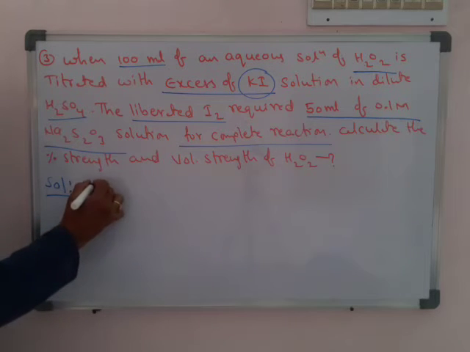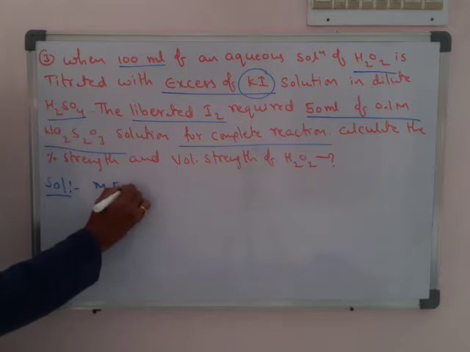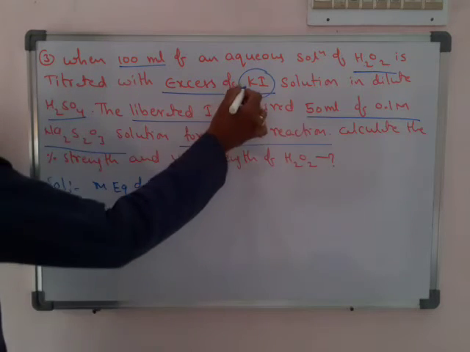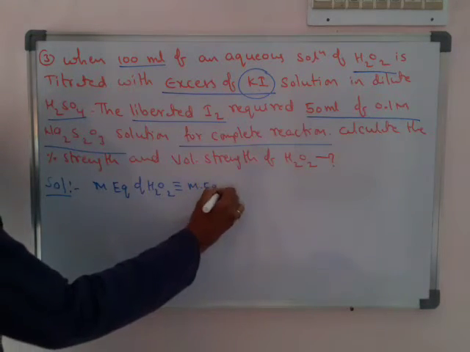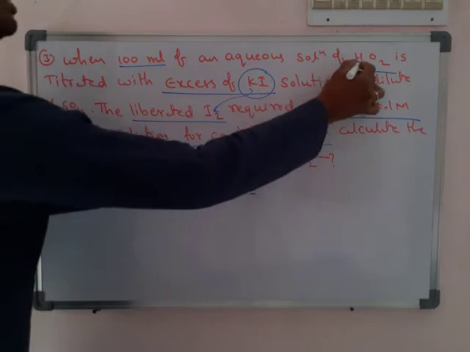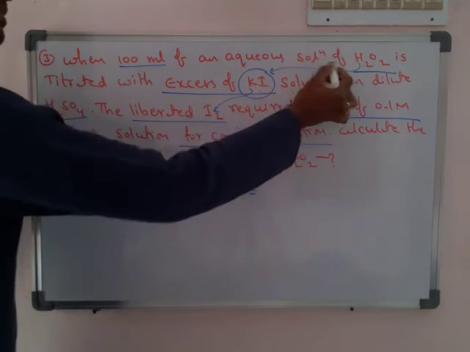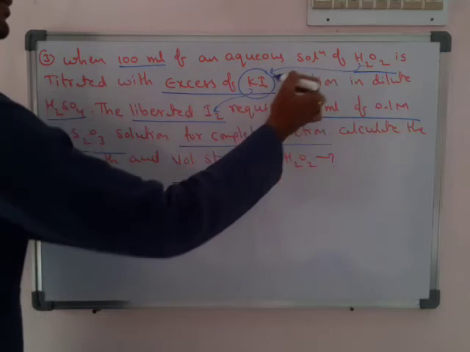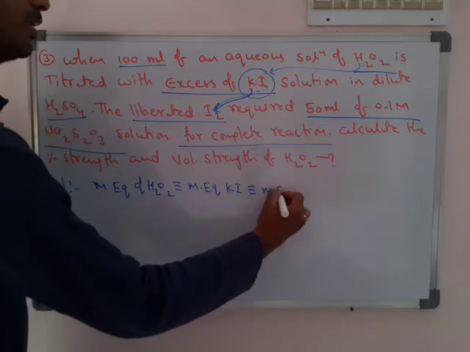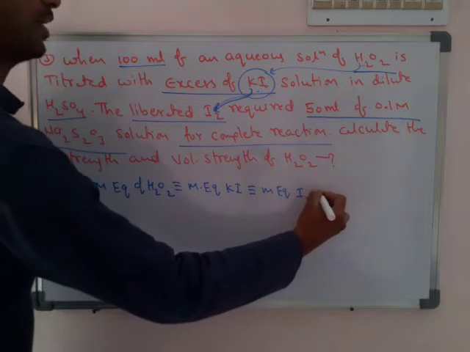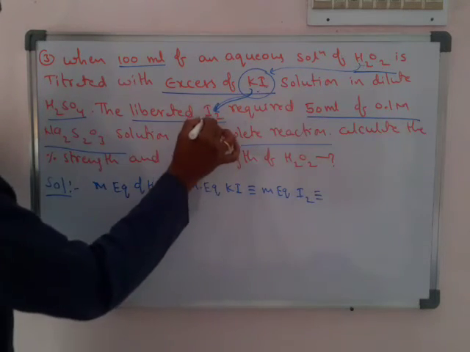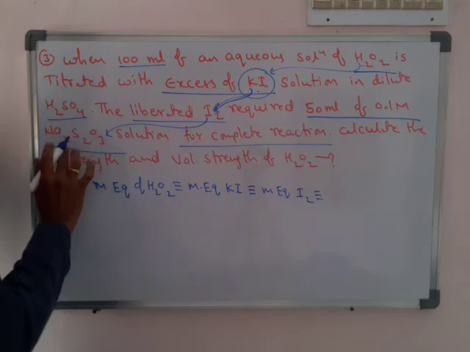See first, milli equivalents of hydrogen peroxide are exactly equal to, since it reacted with this, we can write milli equivalents of potassium iodide. This potassium iodide liberated I2, so we can say milli equivalents of I2. I2 information is normally taken to stop, but I2 information is also not given. So I2 also reacts with Na2S2O3.